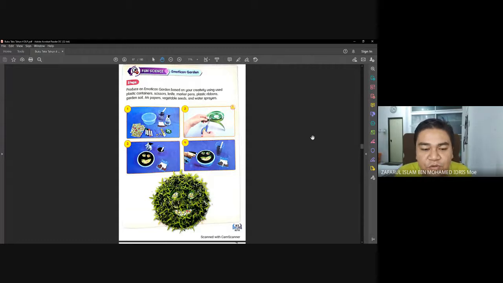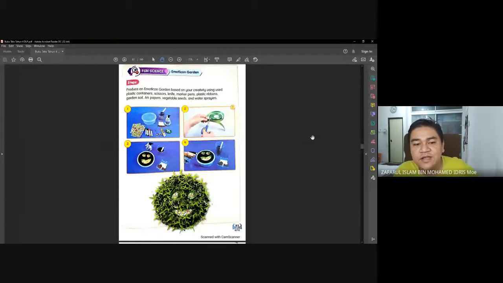Kemudian awak buat penutup tu corak emoticon. Kemudian awak letak tanah dekat atas penutup tu, yang warna hitam tu. Kemudian awak letak kacang hijau kat atas tu. So, yang bahagian emoticon tu dia akan jadi berlubang.